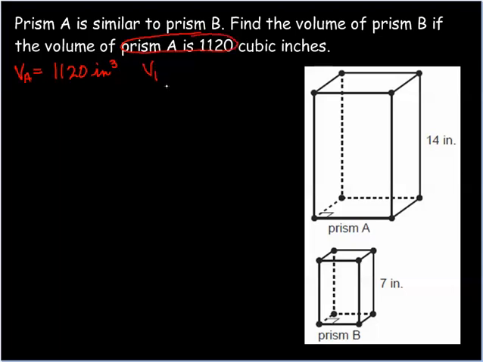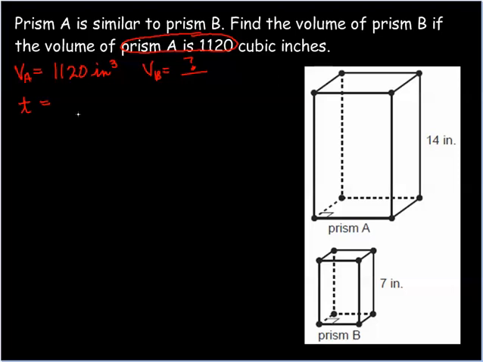Then the volume for B is going to be, we don't know, because that's what we're trying to find out, right? And then we're going to let our scale factor, they told us the scale factor, didn't they? No, they didn't. But we can figure it out.